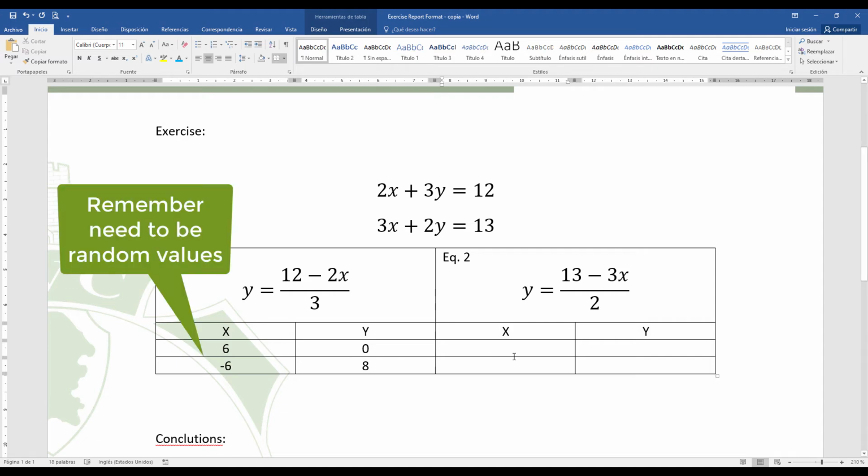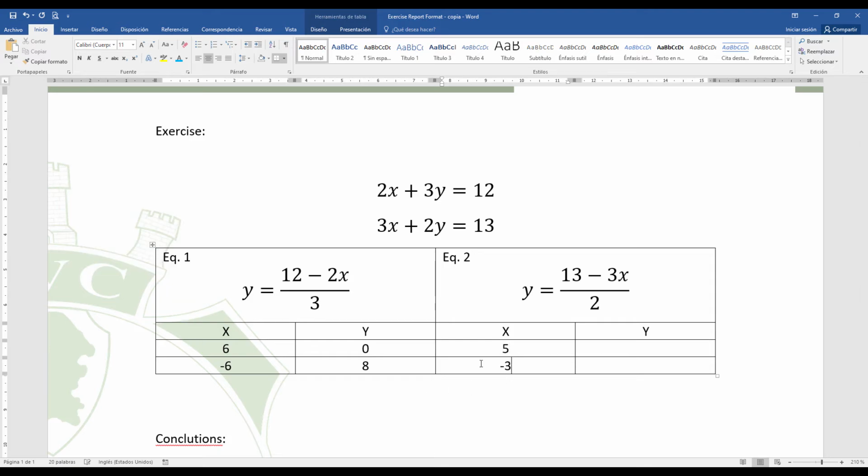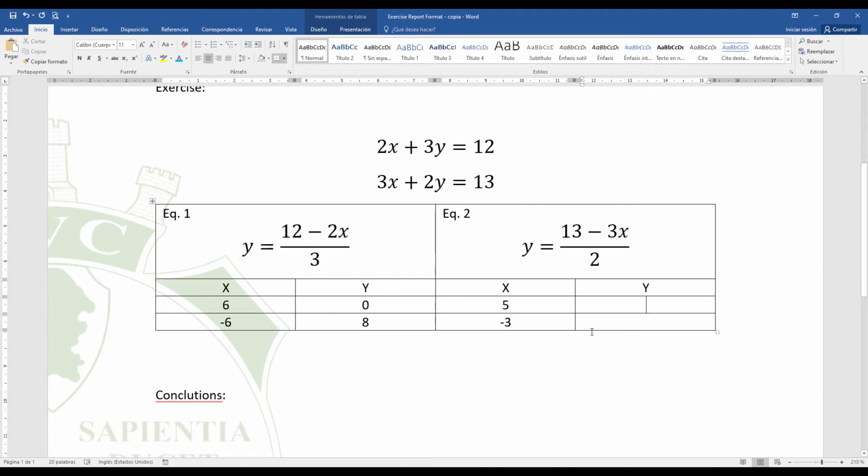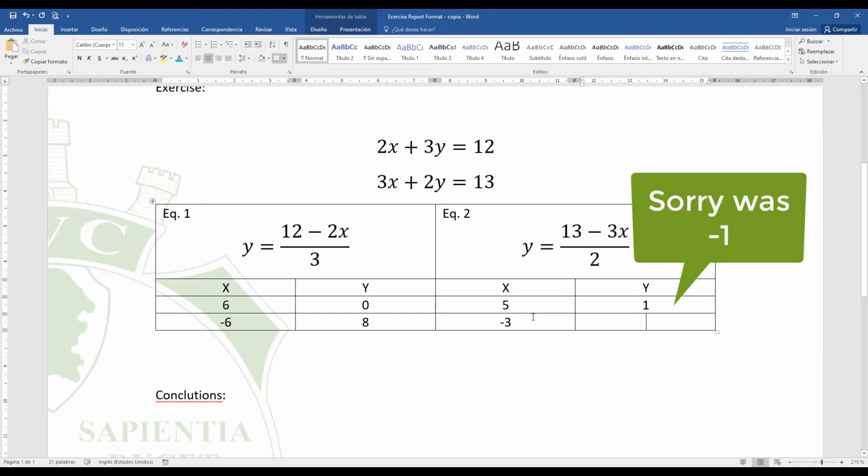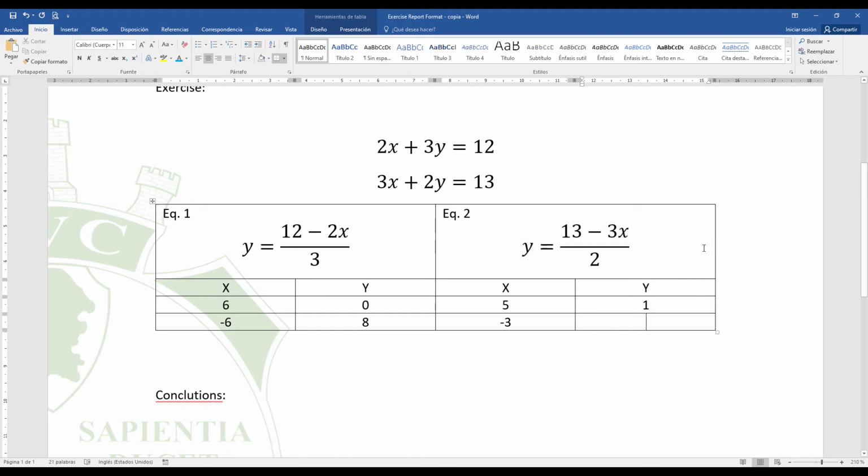Now I will use these other values. Remember, they are random values. Now 5 times 3 is 15. So 13 less 15 is minus 2, divided by minus 2, it's 1. And minus 3 times minus 3 is 9.